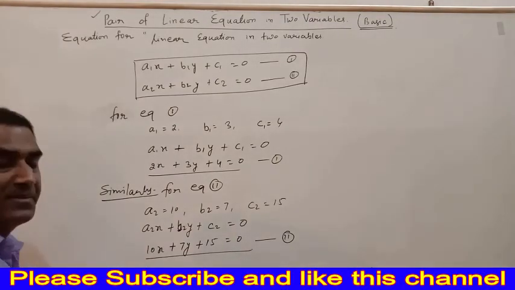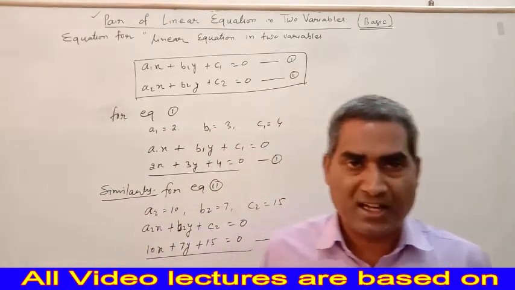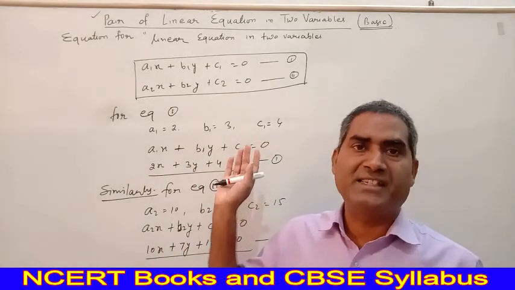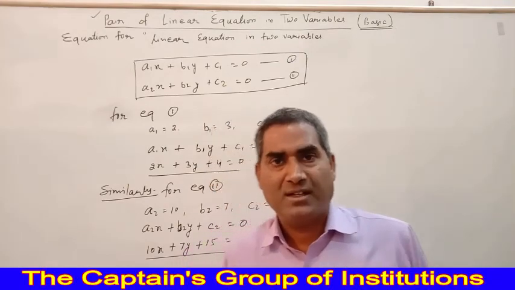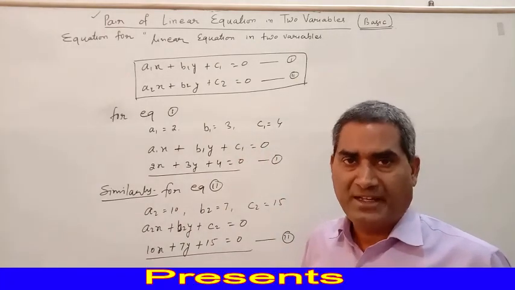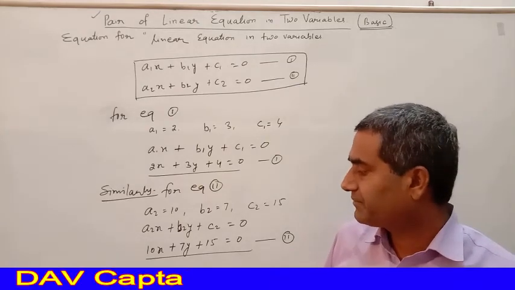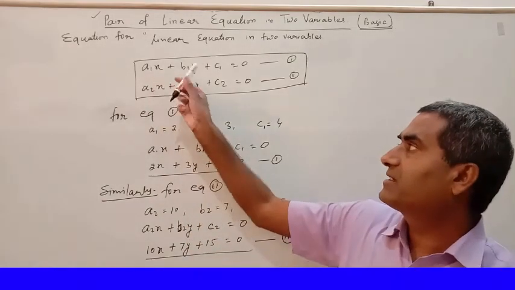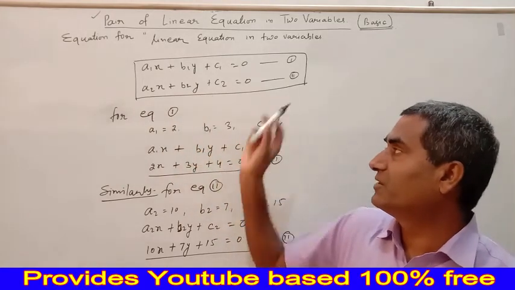So in class 10 chapter number 3, in class 10 especially in CBSE, this is also in all syllabus, ICSE also, wherever linear equation in two variables is studied, this basic concept of linear equation is used, and what I have explained here is very simple, and the questions are in this format: a1x plus b1y plus c1 equal to 0, a2x plus b2y plus c2 equal to 0.